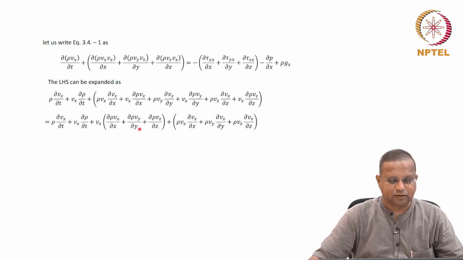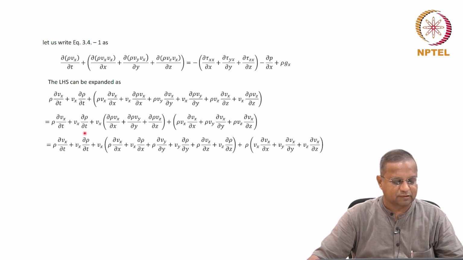Now let's expand this product of two functions. The first two terms remain the same, and Vx of course remains outside. First function ρ, derivative of the second function ∂Vx/∂x, plus the second function Vx, derivative of the first function ∂ρ/∂x. You get the idea.